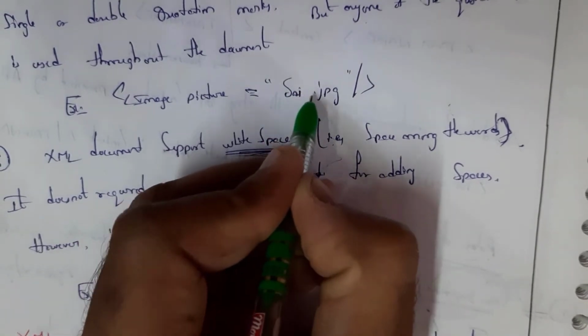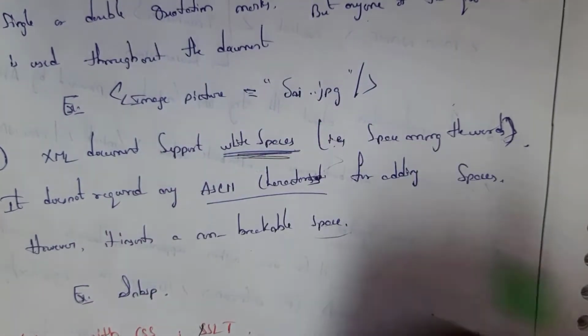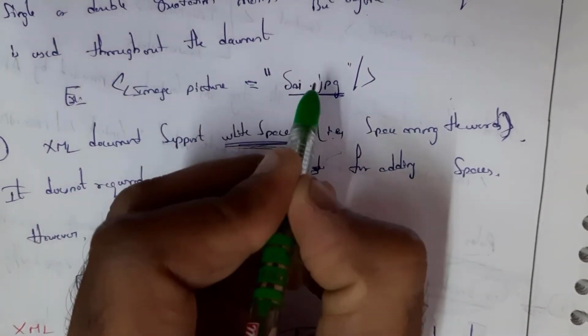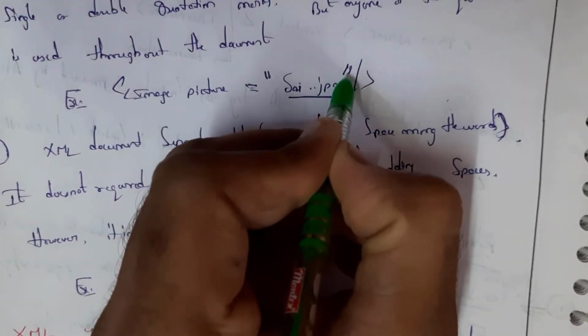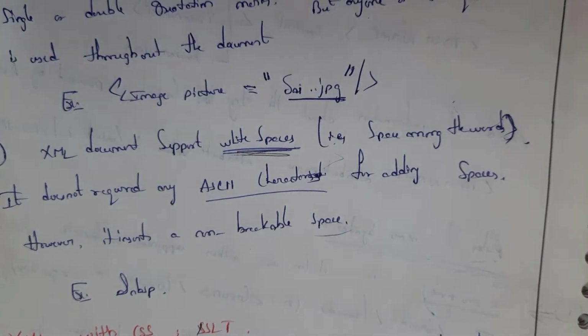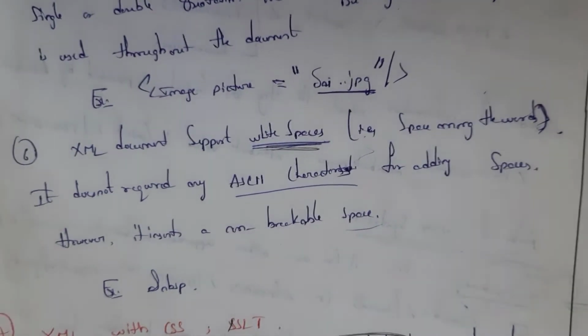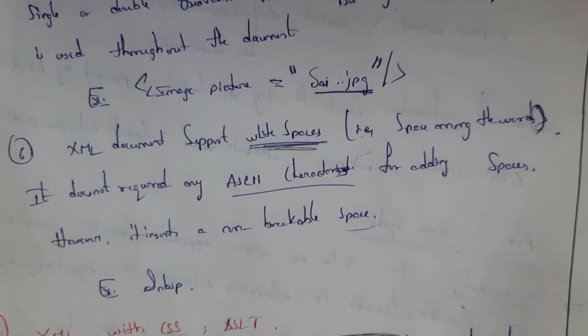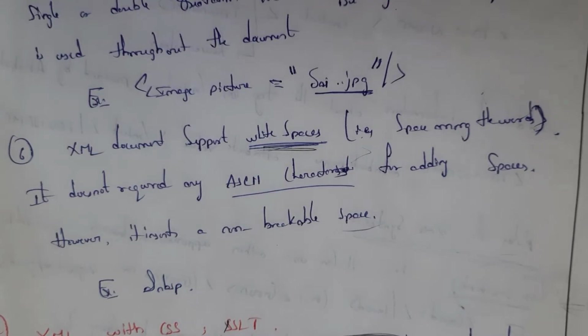This picture name is sayu.jpg. So we need to include this sayu.jpg by using double quotations or single quotations. We should include single or double quotations in an XML document.